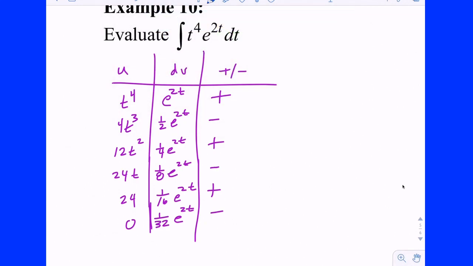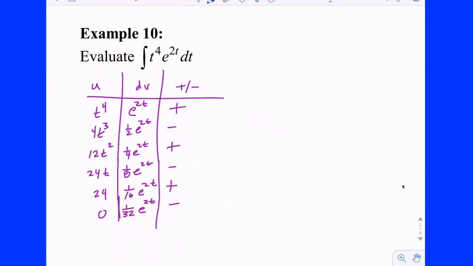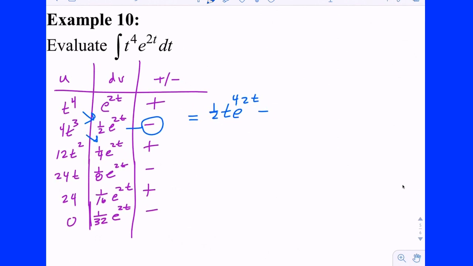Now we're ready to expand it out. Come right here off to the side. It equals the first product along the diagonal, 1/2 t to the 4th e to the 2t. We're going to clean this one up as we go as well. Pick up the sign of the next term, which is minus. The next product is 4t cubed times 1/4, which means it's just t cubed e to the 2t. Pick up the sign of the next term, which is plus.